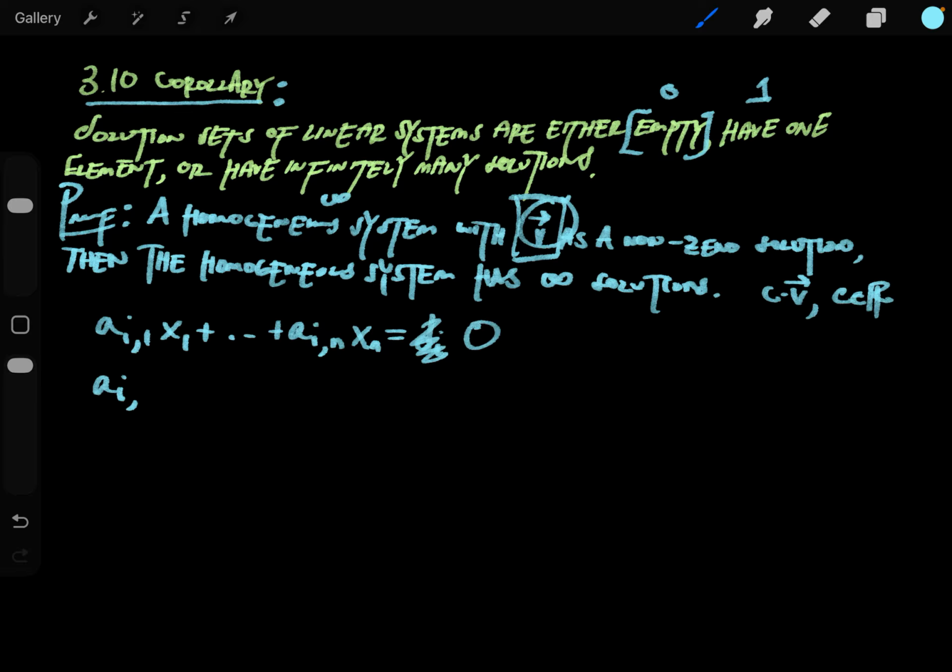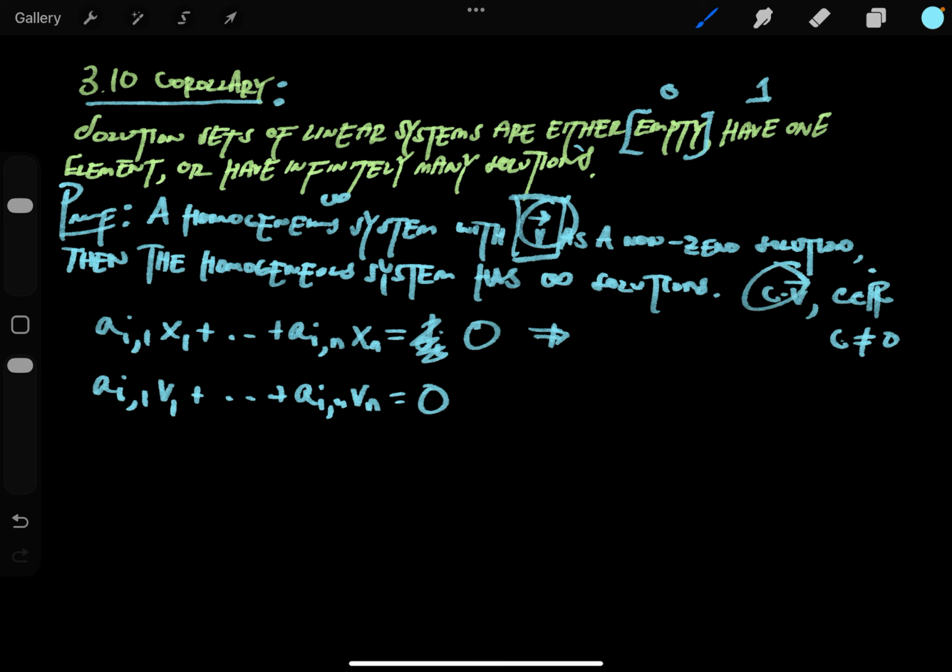So you know that this is true, that a_i1 V1 plus ... plus a_in Vn equals 0. Now, what do you need to show? You need to show that simultaneously C times V is a solution, where C is anything contained in R, and either way, you're going to get an infinite number.